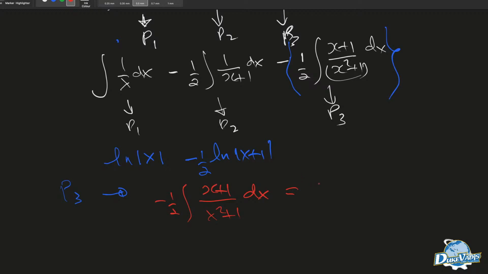Our integral is going to be the integral of x over x squared plus 1, plus 1 over x squared plus 1, all together dx. We have split the integral.